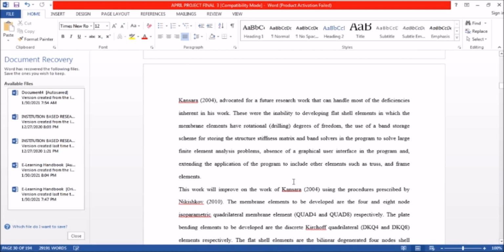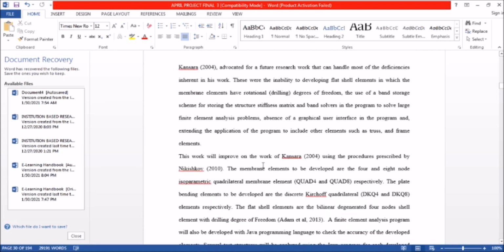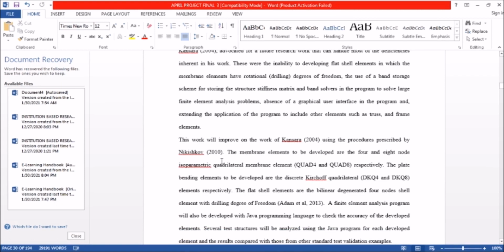The recommendations that were made by Kansara can be improved on using Nikishkov's method in order to build more finite elements, because to build higher finite elements like quad 4 and quad 8, then DKQ4 and DKQ8.